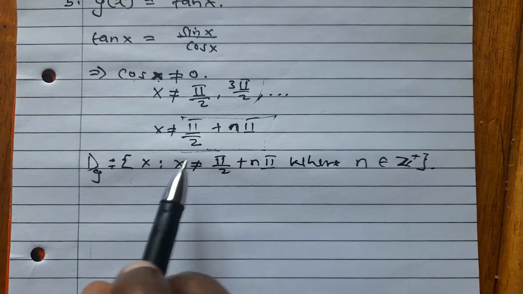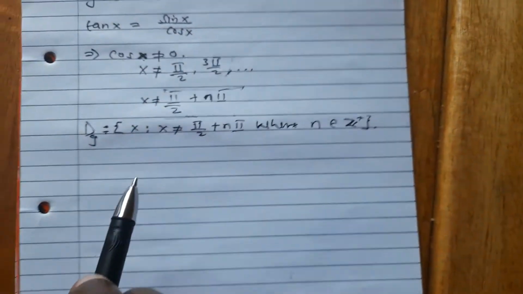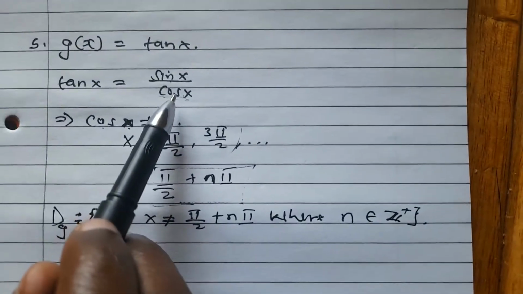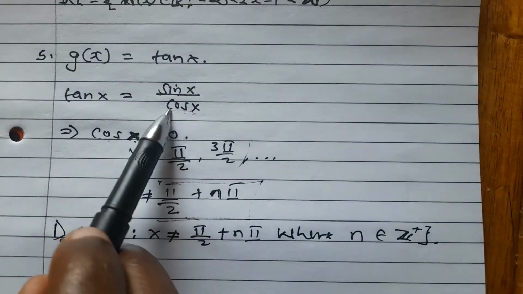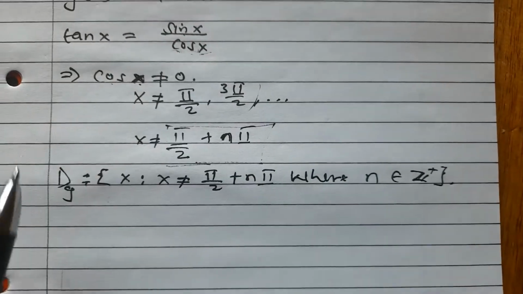So this is how we get the domain of such a function. That is basically how we get the domain of a trigonometric function. Transform it to sine over cos, consider the denominator, and exclude the points which are giving you a 0.